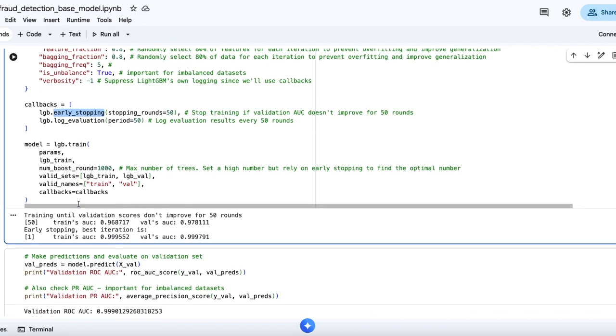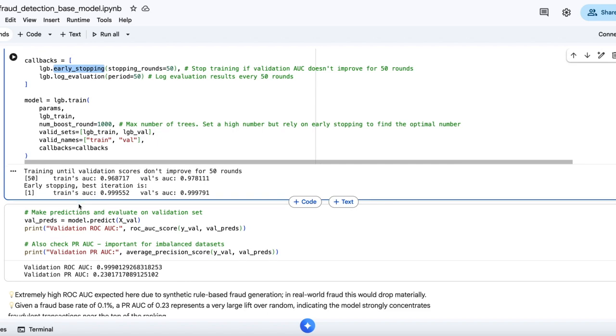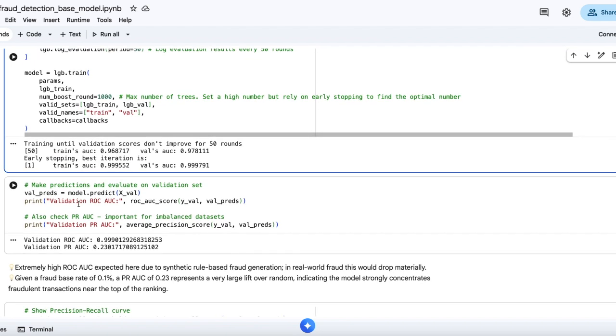Now we train the model, make predictions using our validation set, and print out the ROC AUC and precision recall AUC. There are lots of videos on YouTube that thoroughly explain how these metrics are calculated, so I won't go into too much detail. Essentially, ROC AUC is a commonly used metric to evaluate the performance of a binary classification model.